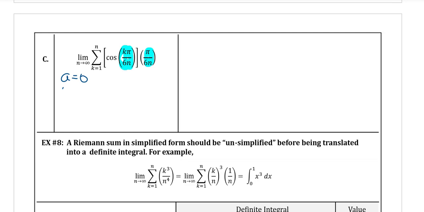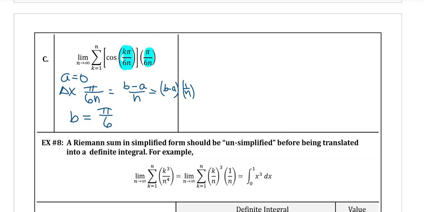So then delta x being pi over 6n tells us that our delta x, remember, is b minus a over n, so that means that b has to equal pi over 6 to get the pi over 6n.